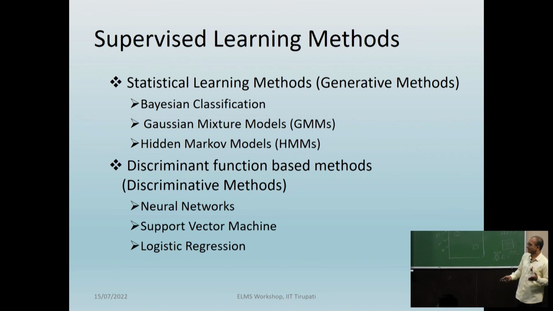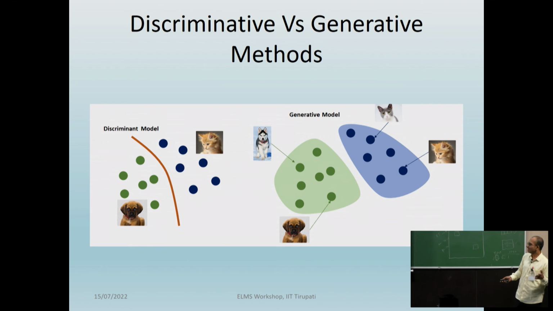So there are different kinds of supervised methods. You will be seeing some of them in this workshop. One class of methods tries to discriminate the samples of one class from the other. That means they are only interested in putting a separating line between the samples of one class and the other, that means faces versus non-faces and so on.